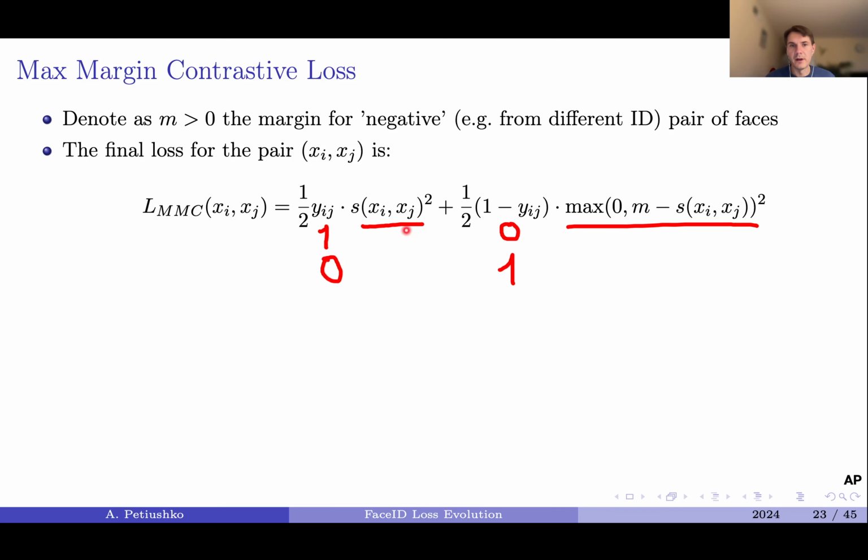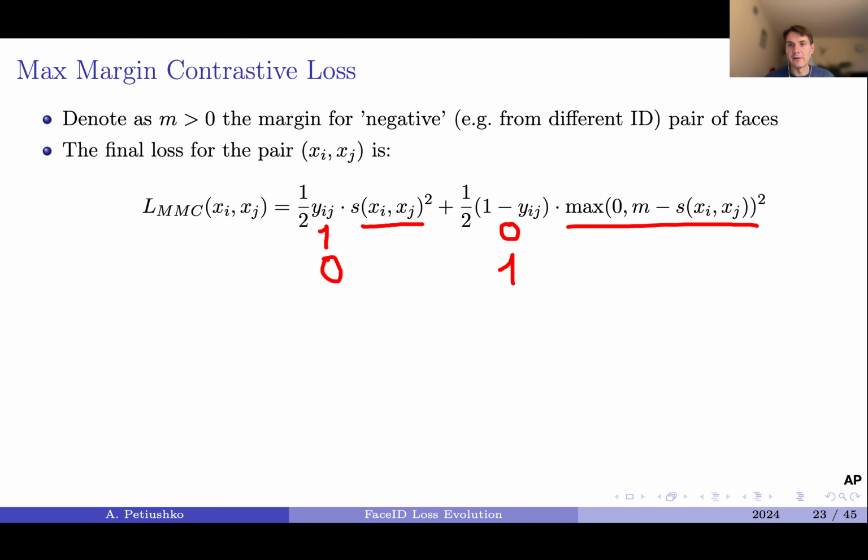So what is the idea here? When we have images of the same face, we would like them to be as close as possible, ideally to have the same representation vector. So we are minimizing this term. But if they are of different person IDs, we would like them not to be as far as possible.